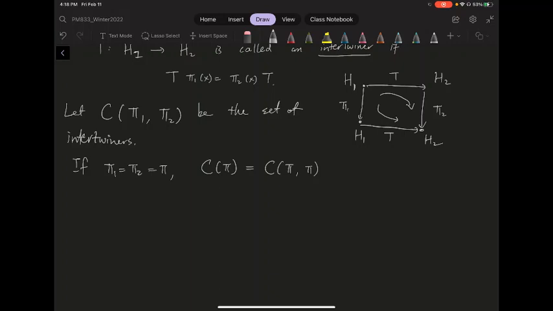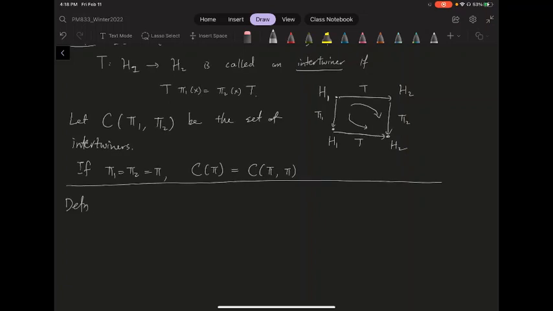If one of these intertwiners is a unitary, then we say these two representations are unitarily equivalent. So here's the definition.